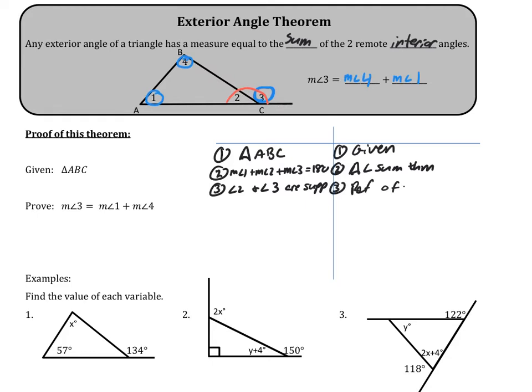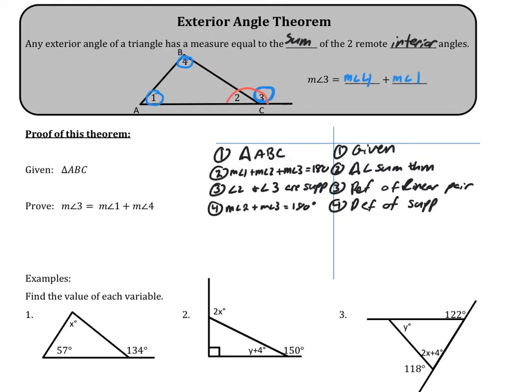That's the definition of a linear pair. If they are supplementary, then their measurements, when we add them together, equal 180 degrees. That's our definition of supplementary.